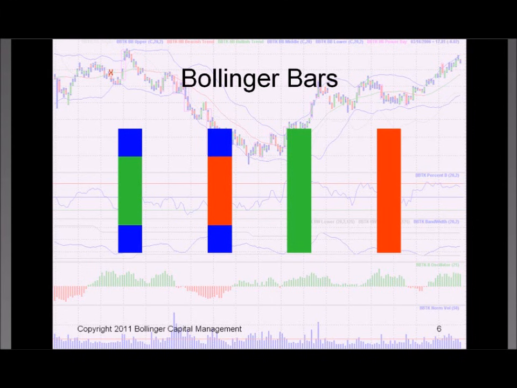So the center of the bar, which would be the body of the candlestick, is colored in green. The second from the left is a bar where we close lower than we opened. So the center of the candlestick is colored in red. The third from the left, or the second from the right, is a chart where we opened at the absolute low of the day and closed at the absolute high of the day.